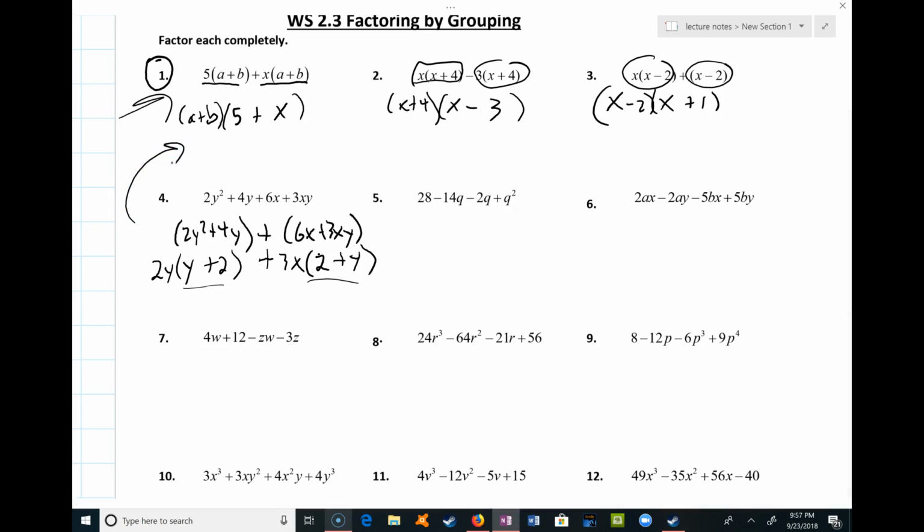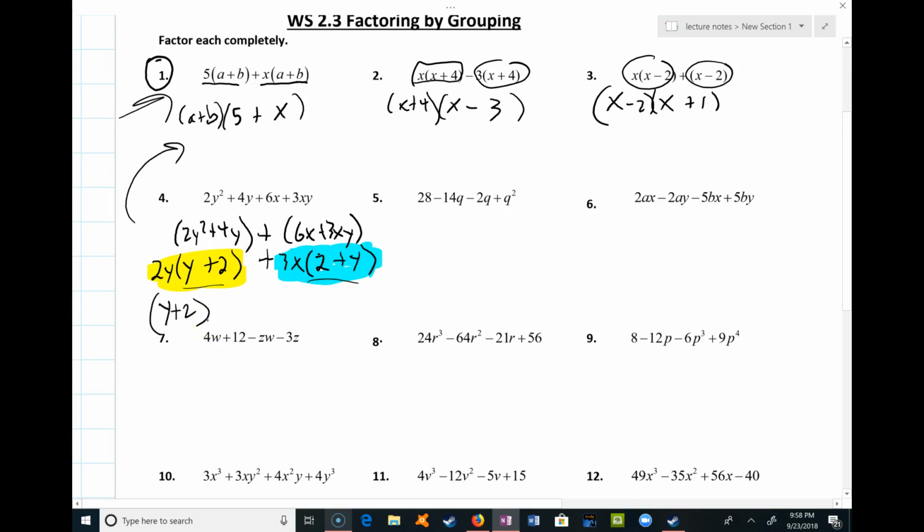Because again, my terms are this whole thing and this whole thing. Those are both terms. There's the yellow term and the blue term. So then when I factor out of that, the one thing that's common to both of them, which is y plus 2.